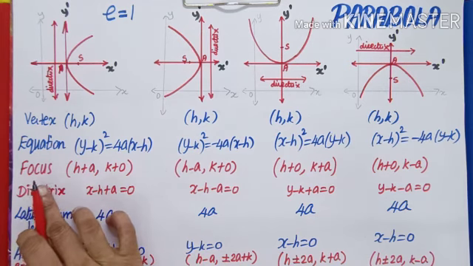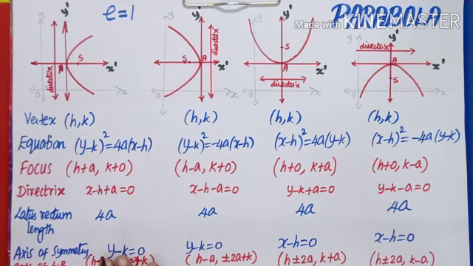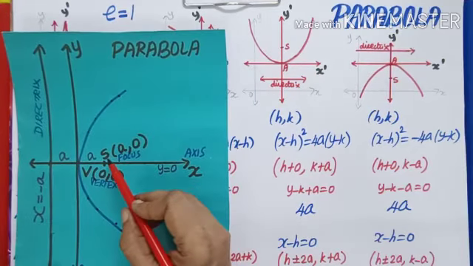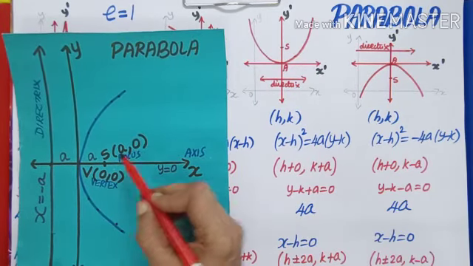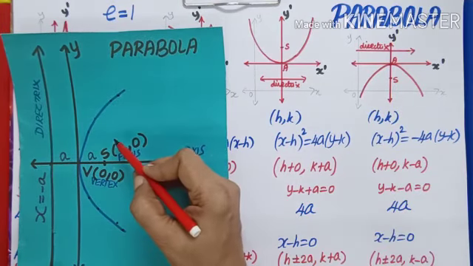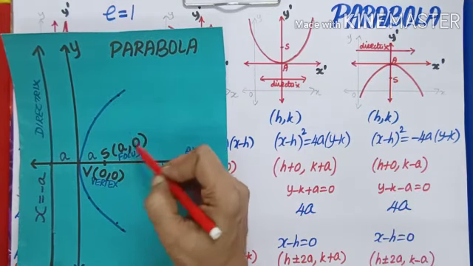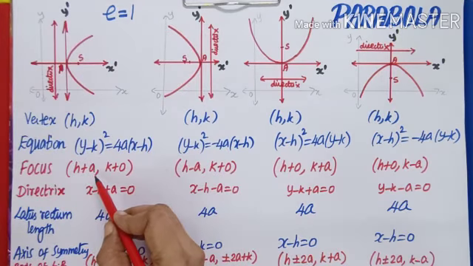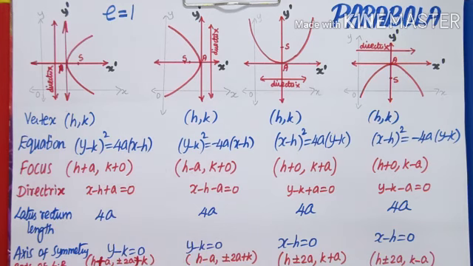Now the idea is focus. What did we learn in the standard type? We learned the focus to be a, 0. Now the vertex is h, k. So what should I do? Add with h, k. So what is the focus now? h plus a, k plus 0.